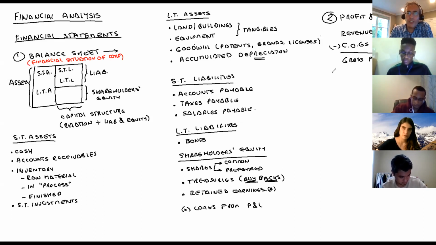And then you subtract management, how much you pay the people to manage the corporation, so all the related activities that help you to do this gross profit. For example, here we have marketing. Here we have depreciation.